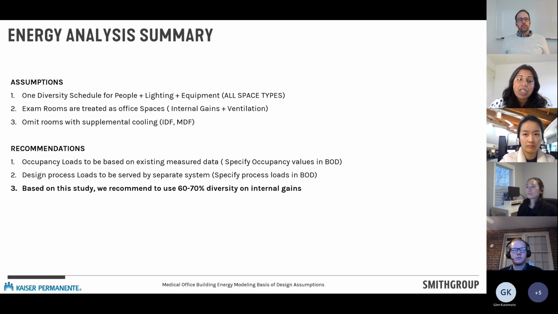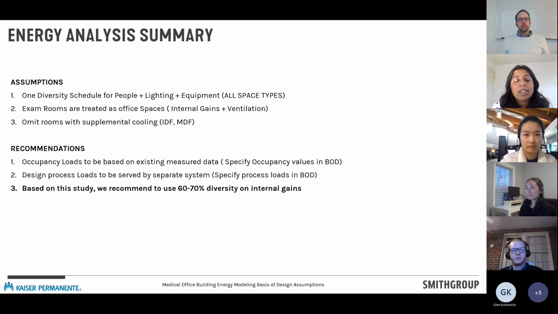And our recommendation is occupancy loads to be based on either measured data or specifying occupancy values in the BOD would definitely help mimic the energy model closer to how it will operate. Design process loads to be served by a separate system. These are the same process loads, IDF room, MDF room, or any other process rooms.